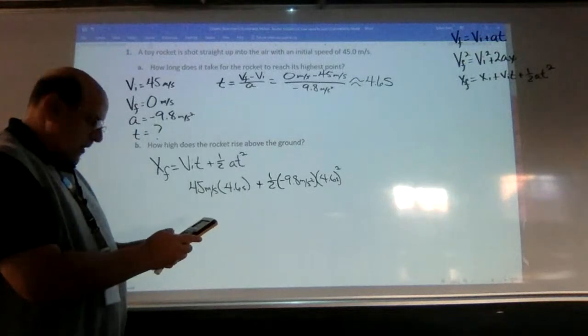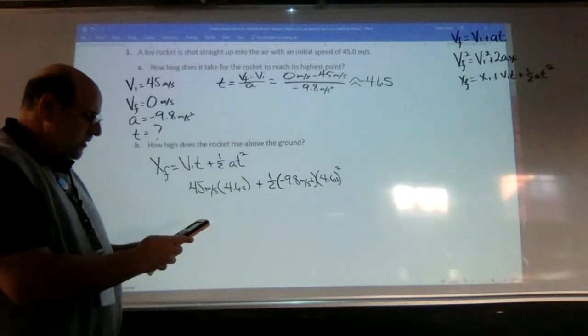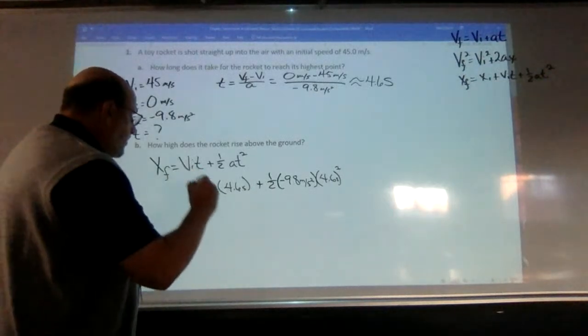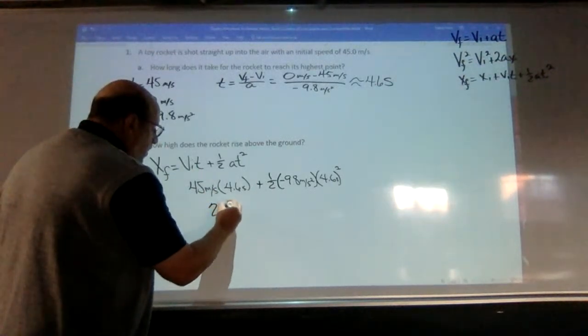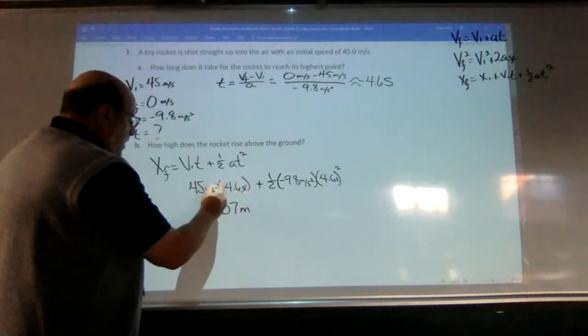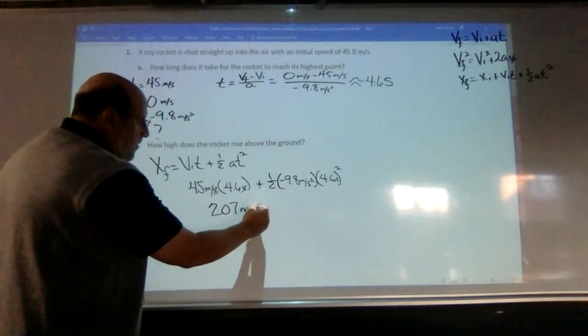45 times 4.6 says if there is no gravity, right? If there is no gravity, we go 207 meters in the air, right? Because the seconds cancels out with this seconds. We got 207 meters.